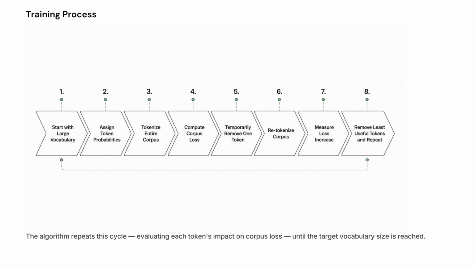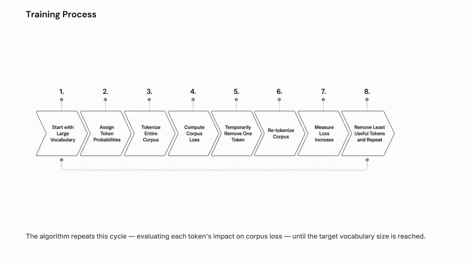Here you can see the entire training process. We initially start with a very large vocabulary. We assign a probability to each of the tokens. Then we tokenize the entire corpus in the best possible way via the Viterbi algorithm. Then we compute the corpus loss. Then we temporarily remove one token. Then we retokenize the corpus and measure the loss.